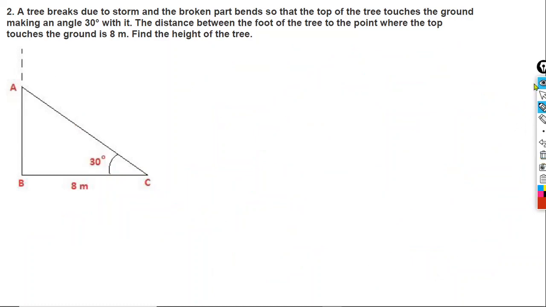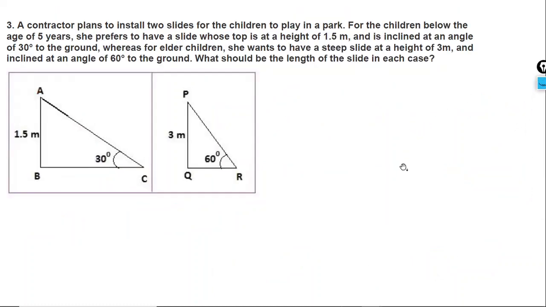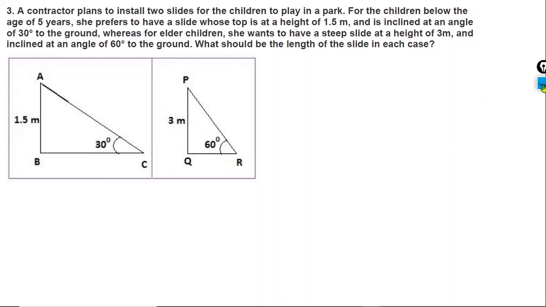Now we will move to the next question. Question number 3. Let's read it. A contractor plans to install 2 slides for the children to play in a park. You must have seen slides in the park. People go to the peak of the slide and slide down.